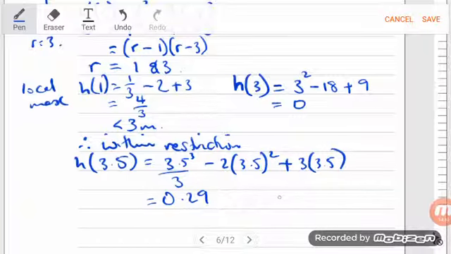I'm going to round it to 2 decimal places, which is also less than 3 meters.